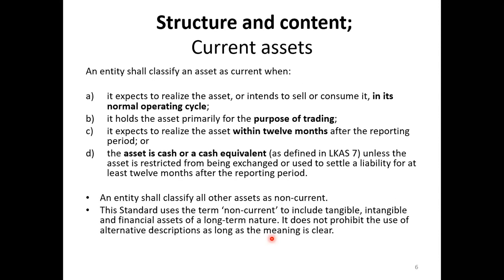Now we'll move to the current assets. An entity shall classify an asset as current. To classify an item of asset under the current assets, it must meet some conditions. First, it expects to realize the asset or intends to sell or consume it in its normal operating cycle.